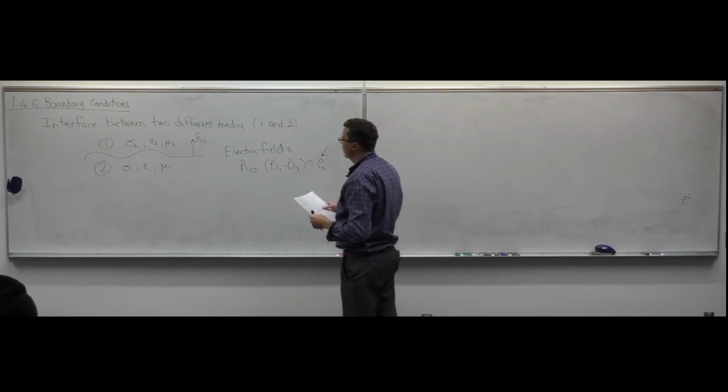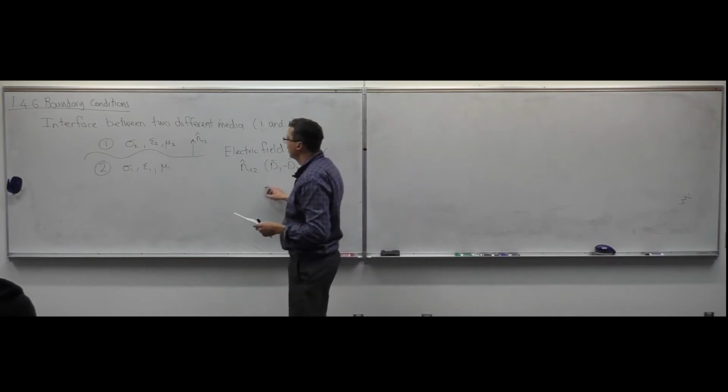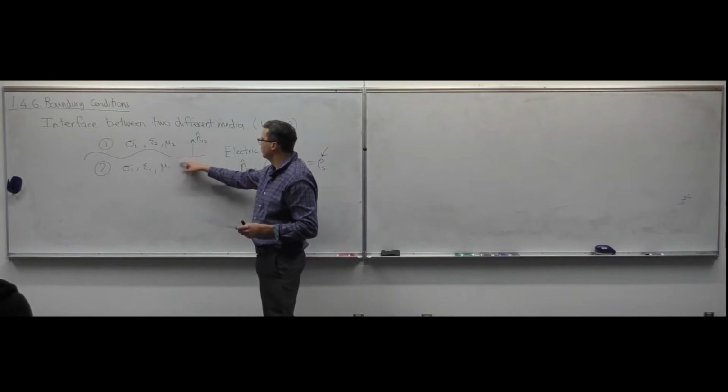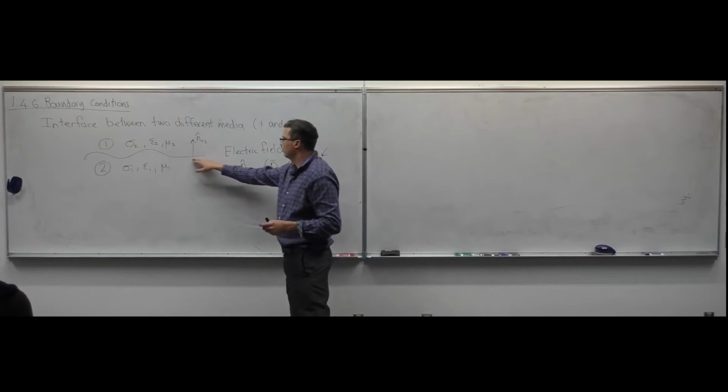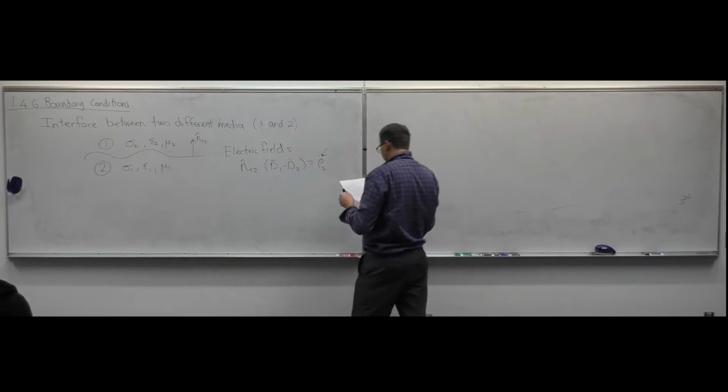So the electric field on the two regions can differ by a charge value that could be on the surface of the boundary.